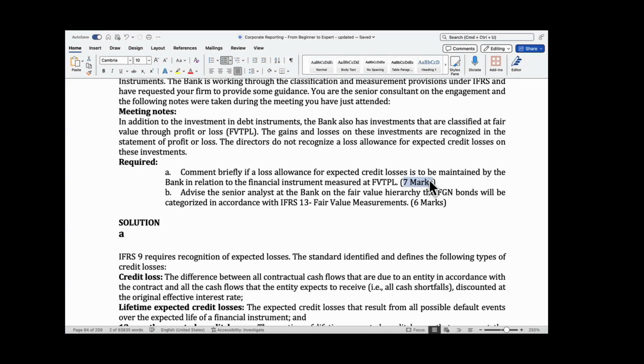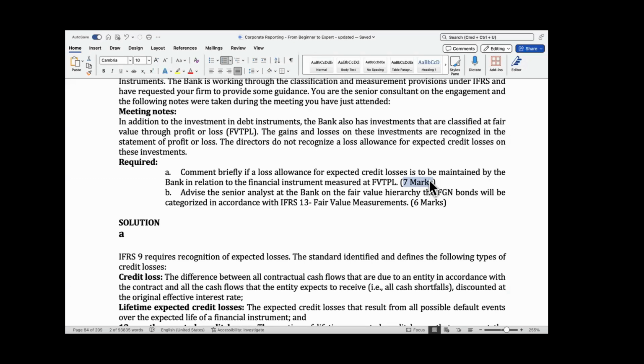When making loss allowance, you need to classify the financial assets into 3 stages. Stage 1 is at origination, or when you purchase the financial assets, and at this stage you make a 12-month ECL. Stage 2 is at the end of each year: if there is an increase in significant credit risk, then you make a lifetime ECL. But if there is no increase, you continue with your 12-month ECL, and interest is calculated on gross.